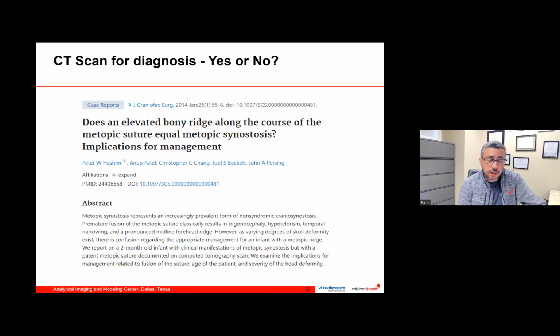But other studies show otherwise. So this paper in 2014 in the Journal of Craniofacial Surgery had a case study where a patient had an elevated bony ridge, which looked like a metopic craniosynostosis. But when they did the CT scan, they realized that the patient didn't have a metopic craniosynostosis. The suture was not fused.